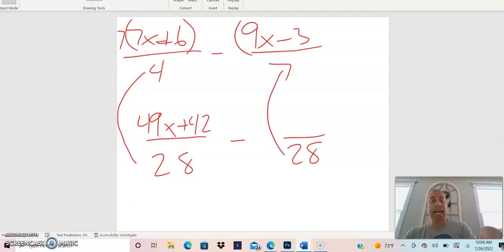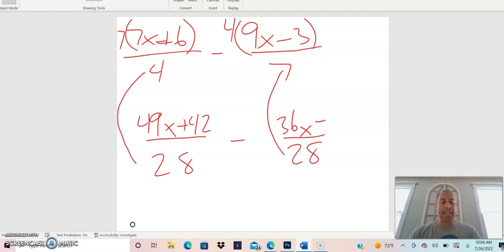So I got to multiply everyone up here by a 4. So that is a 36x and then minus a 12. Now, what I have to be careful about here is this subtraction sign, because this subtraction sign does go with everyone that's over here. So 49x minus 36x, all right, that'll give me a 13x.